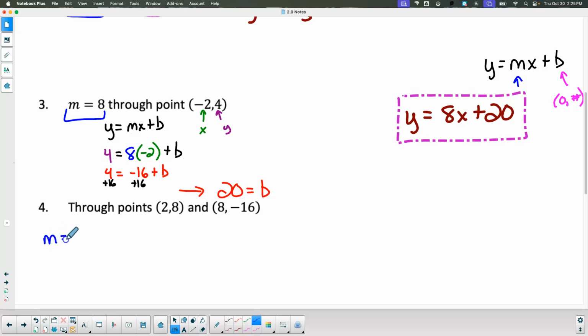So m is going to be 8 minus -16 all over 2 minus 8. 8 minus -16.